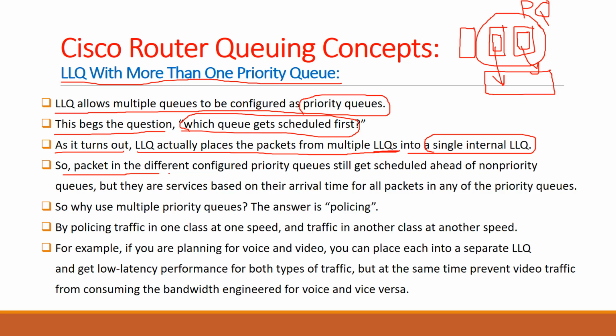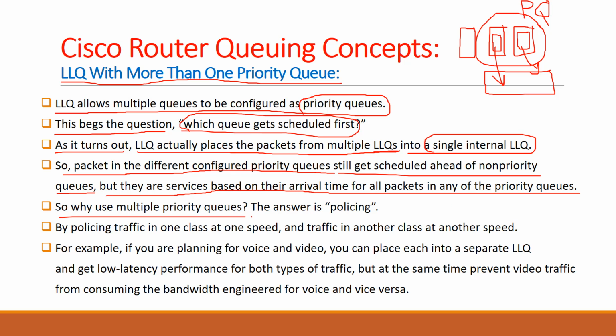So packets in the different configured priority queues still get scheduled ahead of non-priority queues, but they are serviced based on the arrival time for all packets in any of the priority queues. So why use multiple priority queues? The answer is policing, and we will discuss policing in more detail in another video.